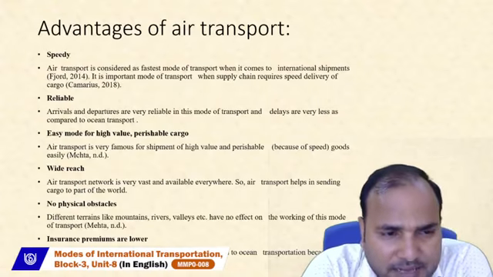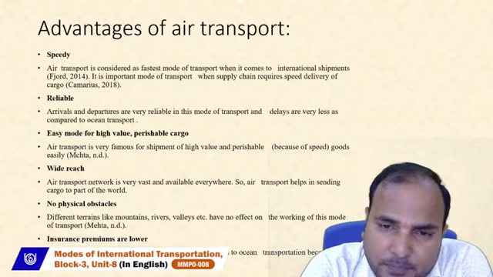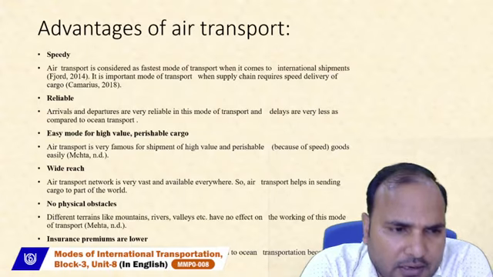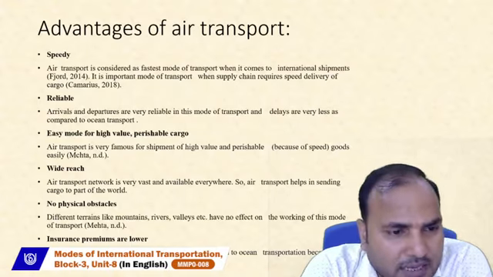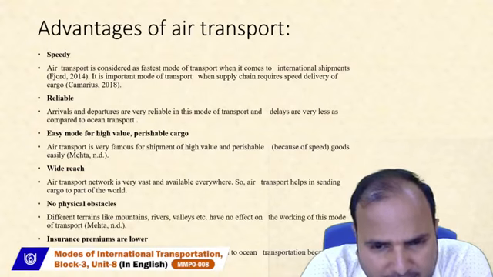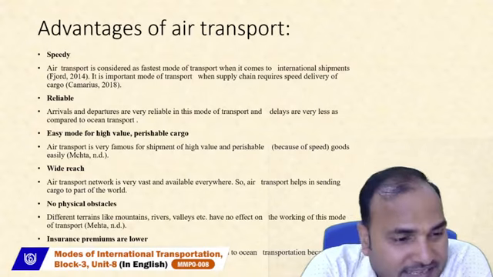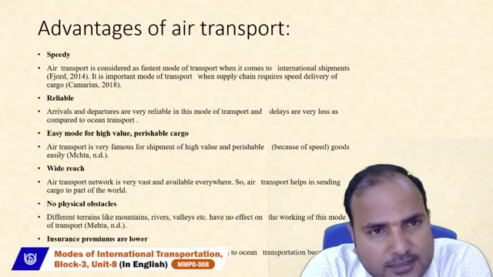Air transport is very famous for shipments of high value and perishable goods, and a wide reach is also possible. The air transport network is very fast and available everywhere. So air transport helps in sending cargo to any part of the world.